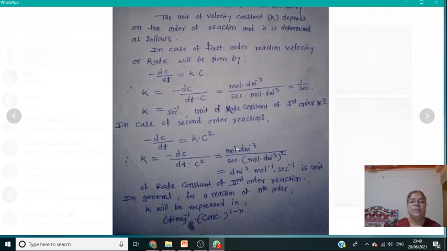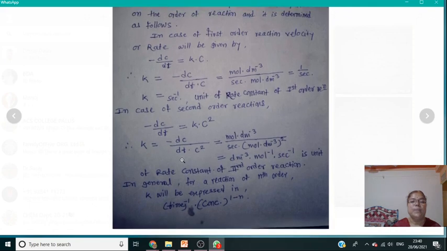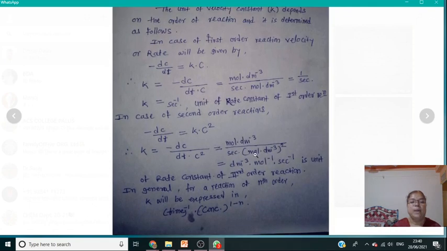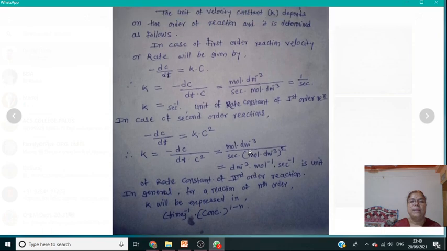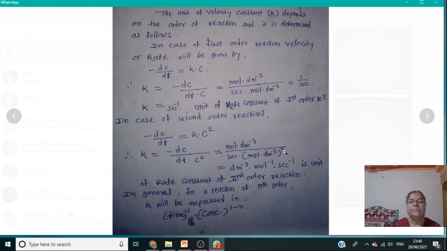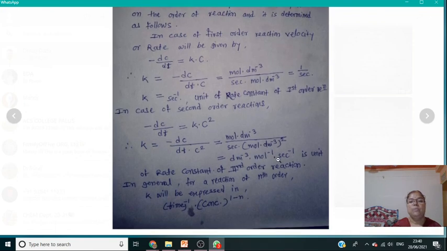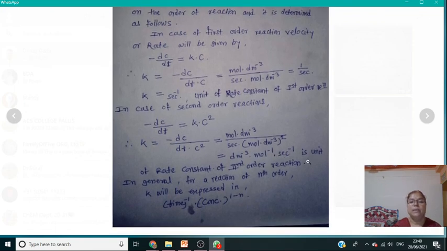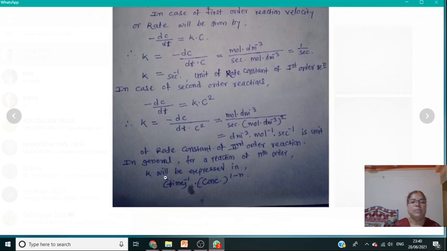Here we express concentration in mole per dm cube, time in second, and concentration square, therefore mole per dm cube bracket square, and one concentration term gets cancelled with the denominator, and we have dm cube into mole inverse into second inverse as the unit of rate constant of the second order reaction.